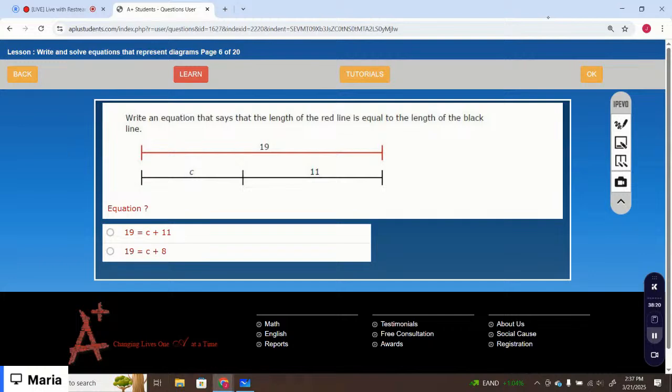That is c plus 11 equals 19. Option number 1 is the correct option.